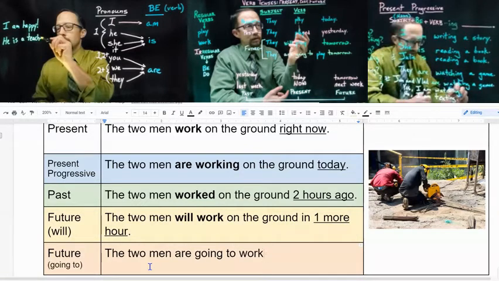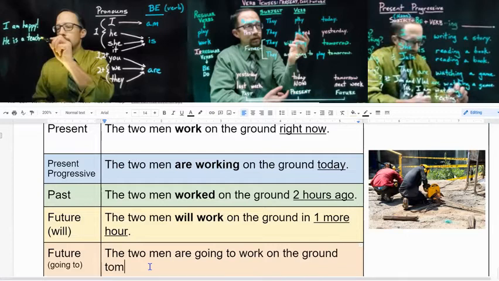The 2 men are going to work on the ground. Let's just say tomorrow. That's fine. And then let's bold our changes, right? Those are the things that change. The 2 men are going to work on the grounds tomorrow.